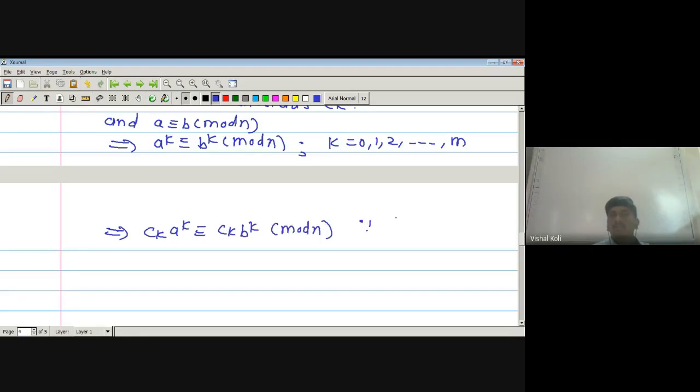This is from the property: if A is congruent to B modulo n and C is any arbitrary integer, then AC is congruent to BC modulo n.